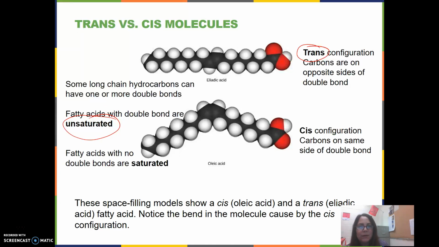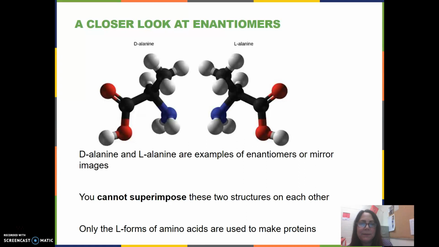And fatty acids with no double bonds are saturated. The unsaturated would look like this, and the saturated would look like this. Saturated fats are the solid fats that come from animal sources, and the unsaturated fats are the liquid fats that come from plant sources.